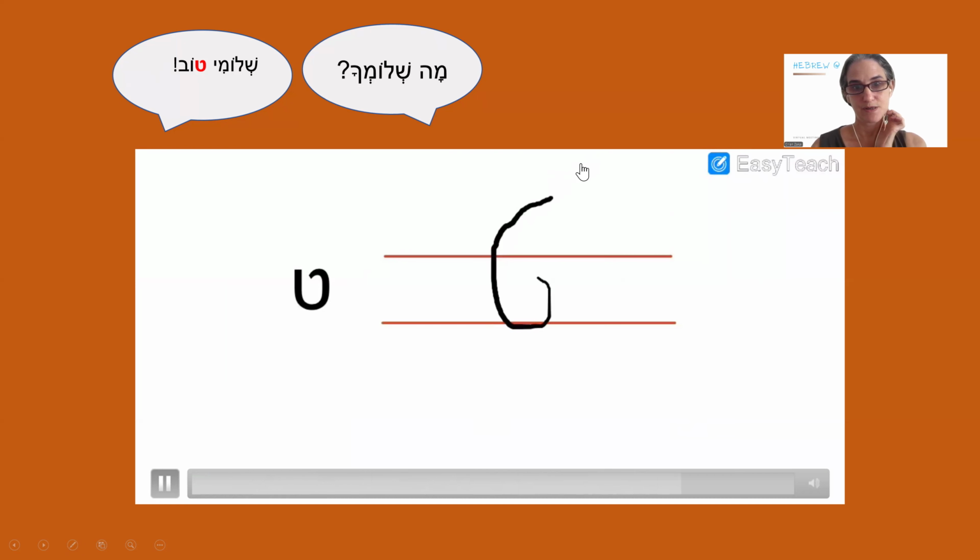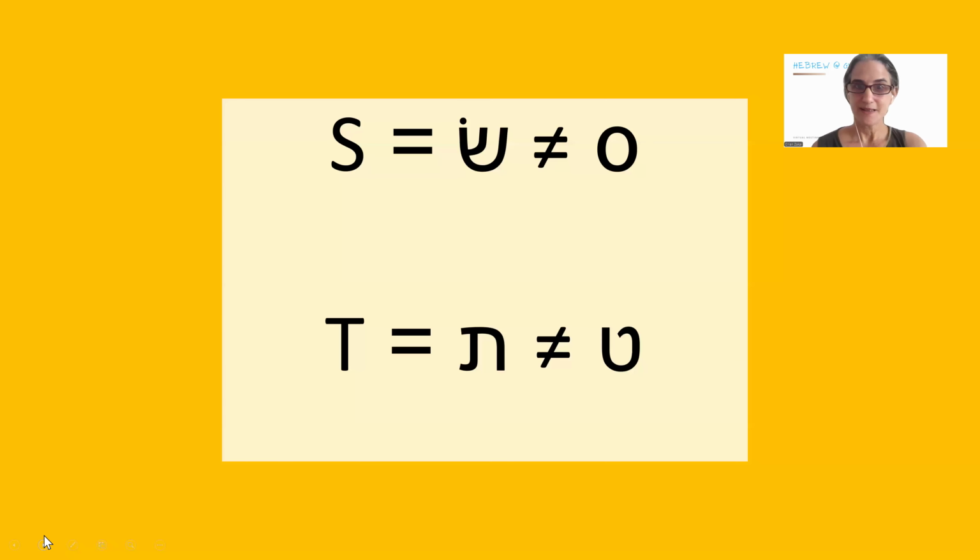And it goes kind of like an open number 6 maybe, going up above the upper line. So let's see again. So the tet and the samech, fairly easy letters.